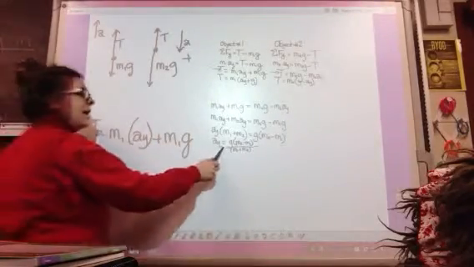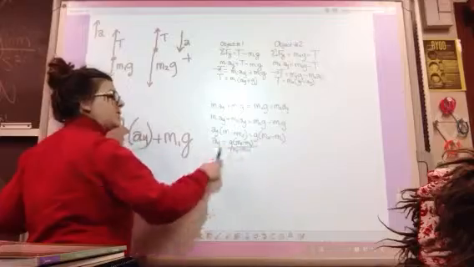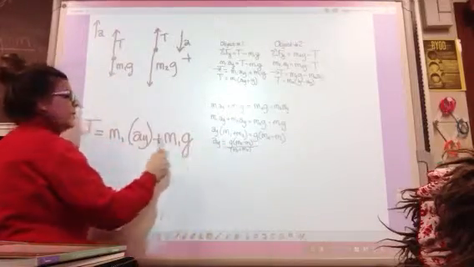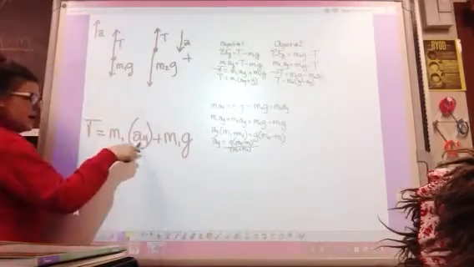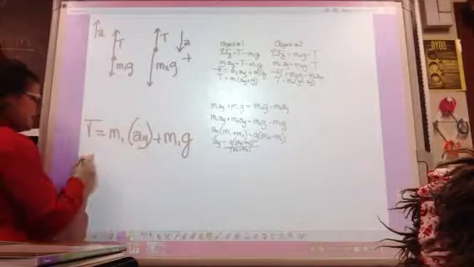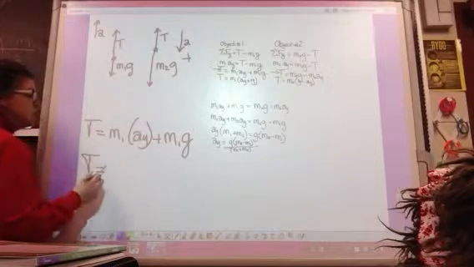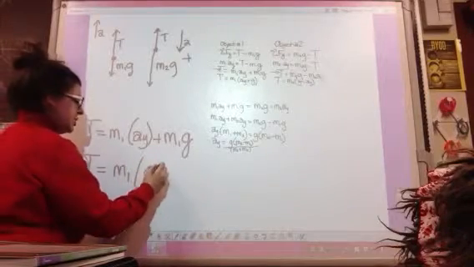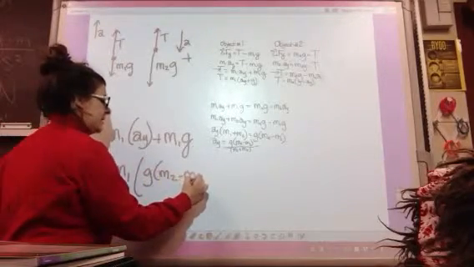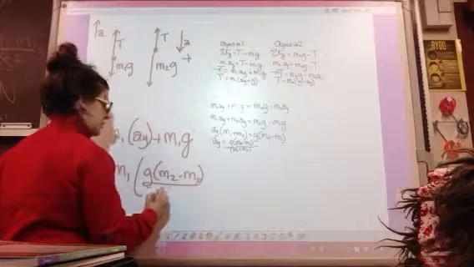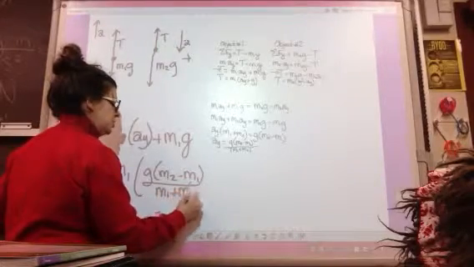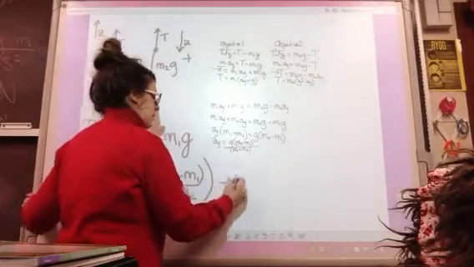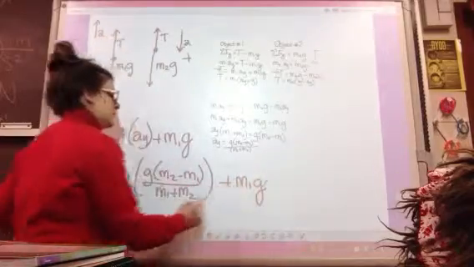I know what ay is now in terms of both of those masses, in terms of the system. So let's just plug what we got here for ay in, and that would tell me what my tension would be. So m1 times g times m2 minus m1 over m1 plus m2, and that would be plus m1 times g.